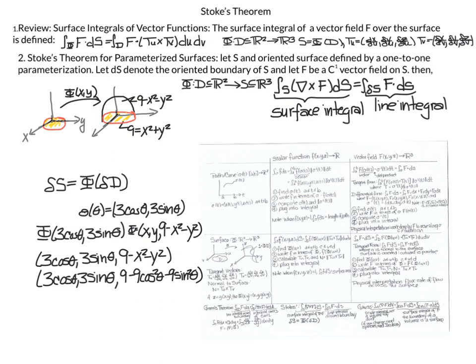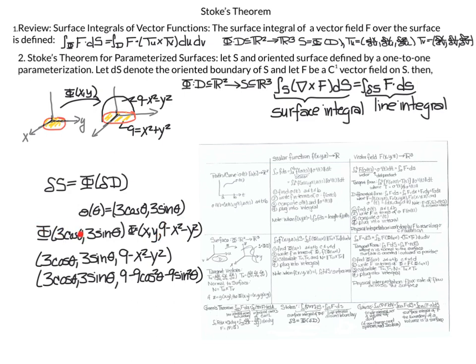Now phi, because we get this surface by plotting points x, y, and then for z, 9 minus x squared minus y squared, phi is going to be equal to x, y, 9 minus x squared minus y squared.